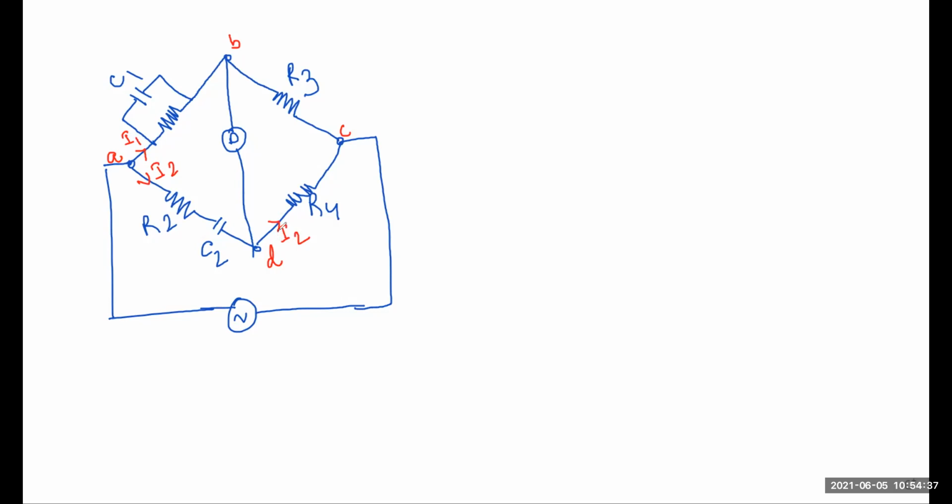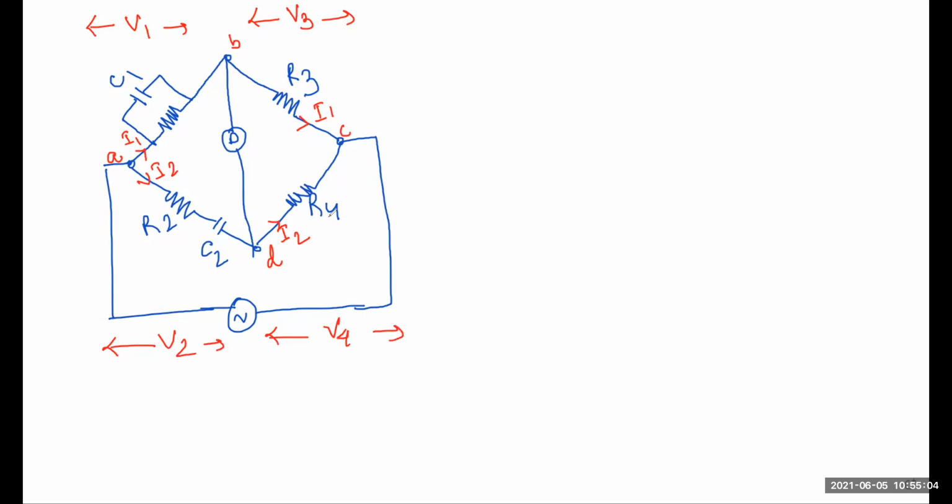As I told you, I2 is equal to I4 here, and here also you can take current I1 because this current is coming to R3. So you can say I1 is equal to I3 and I2 is equal to I4. Okay, and this portion I'm denoting as V1, and this balance portion is V3. Okay, again this portion is V2 and this portion is V4.